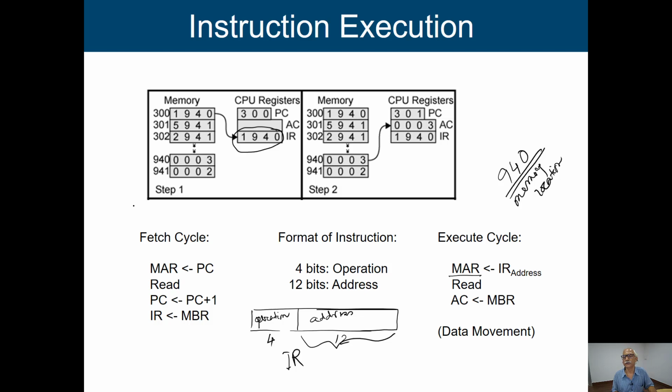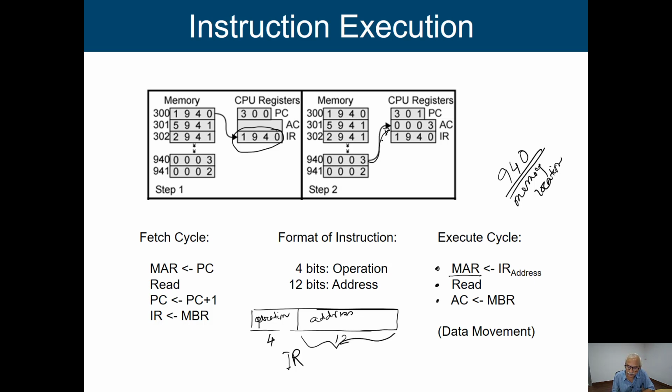These are the operations that we are doing. First we transfer the address part to MAR, then the processor issues the read signal, then after it is available in the MBR, from the MBR we place it into the accumulator register. So this is the transfer happening after completion of this instruction.